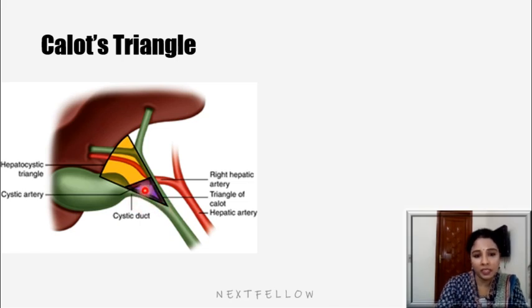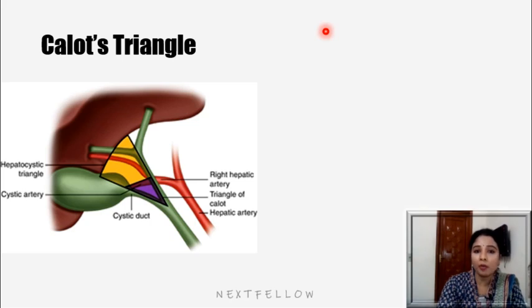This whole thing is considered Calot's triangle presently, but this purple one alone was previously considered the actual original Calot's triangle, where the cystic artery is given as the superior border. So instead of the inferior surface of the liver, the cystic artery forms the superior border. So this is the original Calot's triangle.